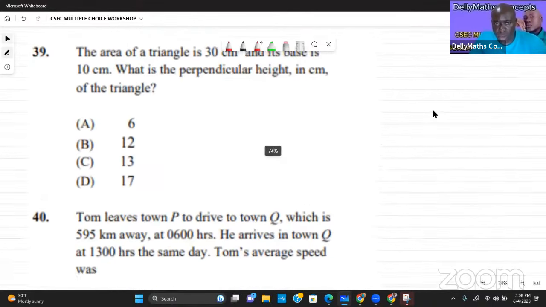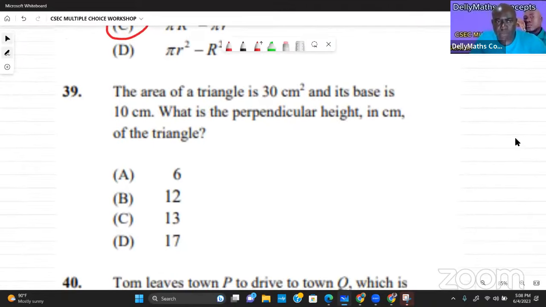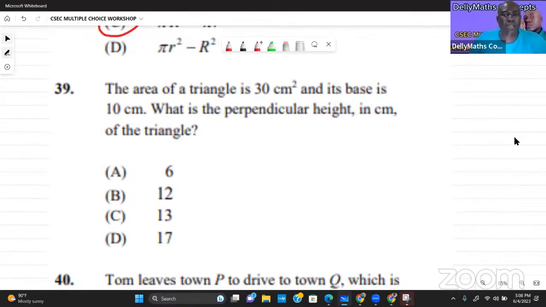All right, let's go. Number 39 says here, the area of the triangle is 30 square centimeters, and the base is 10. What is the height? Remember, the area of the triangle is base times height over 2, or half base times height. That's what gives you the area of the triangle.